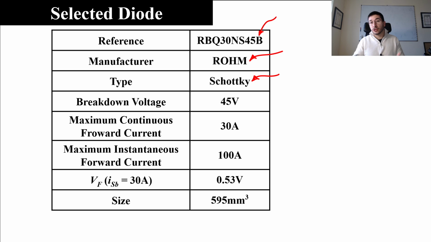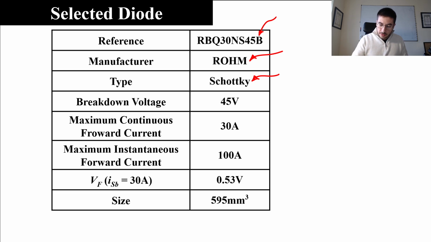The drawback of Schottky diodes is that in general they are only available for low voltage levels, but this is not a problem for us because we work with very low voltage at the input. We only have 12 volts at the input, so we can find a lot of Schottky devices.